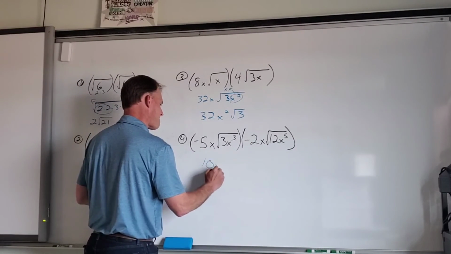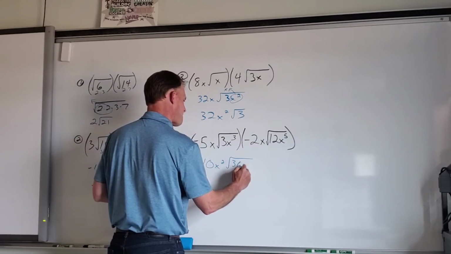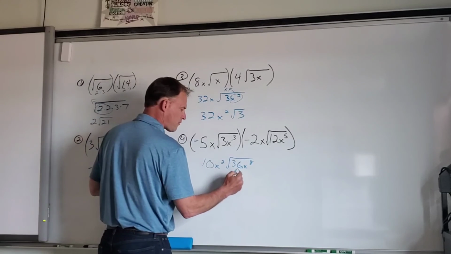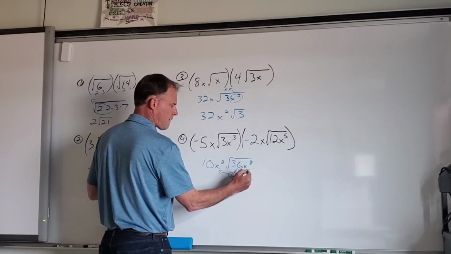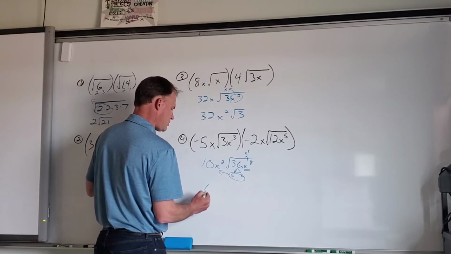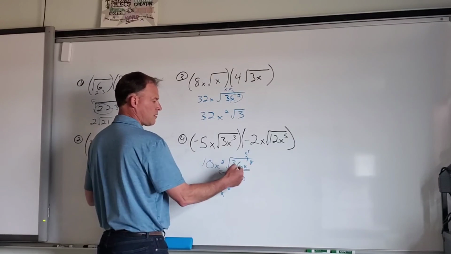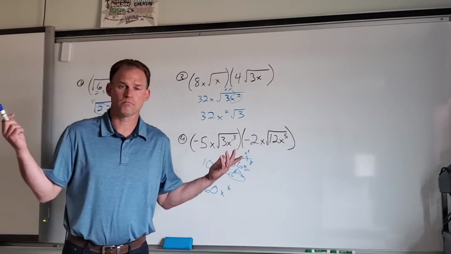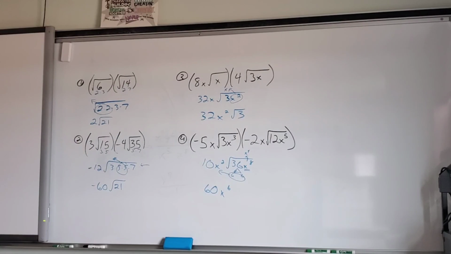Outsides, insides, break it down. 36, that's one of my perfect squares. That's 6 times 6. 6 is getting out. This comes out to be x to the 4th. So that's 60. X to the 6th. Perfect square, even exponent, nothing left in the radical. That's all she wrote. All right, you know the drill. Ask questions. Get to work.